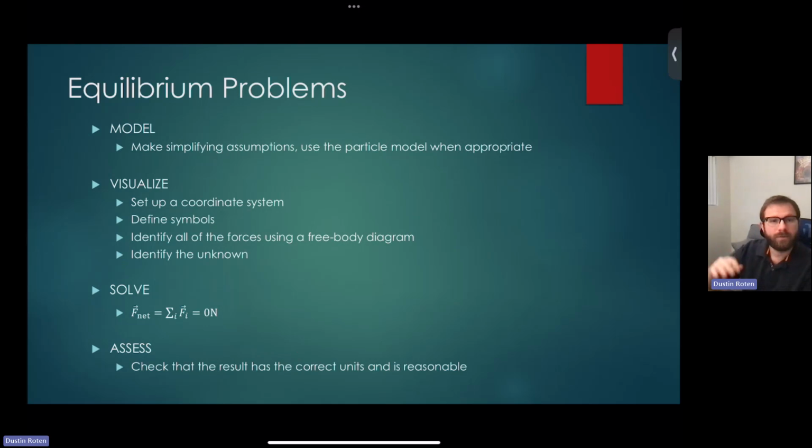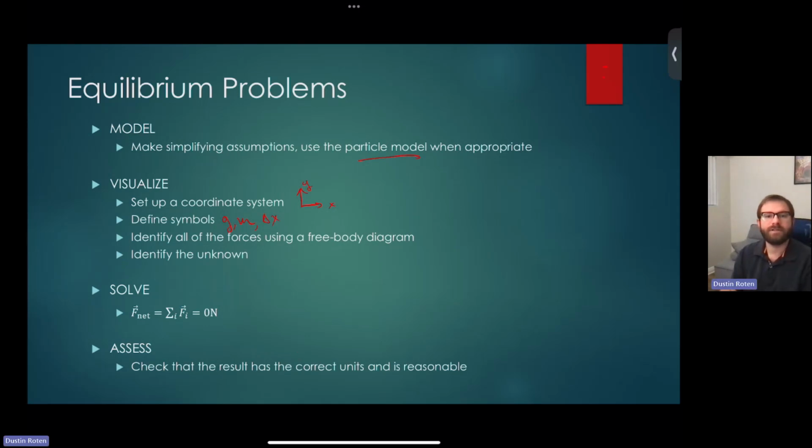So essentially, you want to model the situation. And this is, of course, just making the simplified assumptions. And you want to use the particle model. You want to visualize. Okay, so we need to set up a coordinate system. And this is going to be true for pretty much all of these kinematics problems. You want to define the symbols, so we'll have like gravity, we'll have mass, you might have a distance, delta x, something like that.